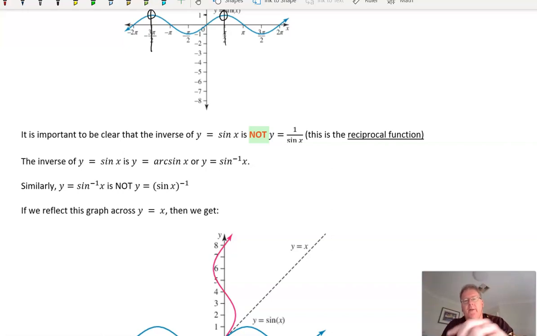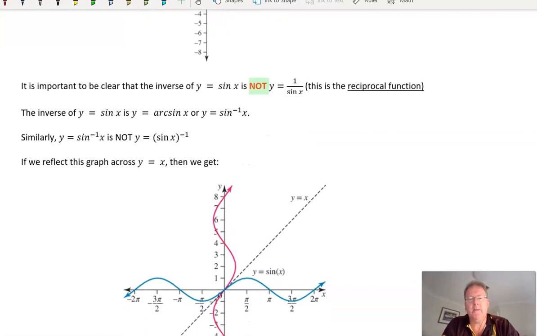So just keep in mind that the inverse of y equals sine x is not y equals 1 on sine x. That is a completely different function. Okay, so what is the inverse of sine x? Well, it's got two particular annotations, as you can see. So first of all, the typical notation would look like sine to the -1 of x, and that's just something that you'd be familiar with using your calculator to determine the angle given the ratio in a problem back in middle school, or even in trigonometric problems.